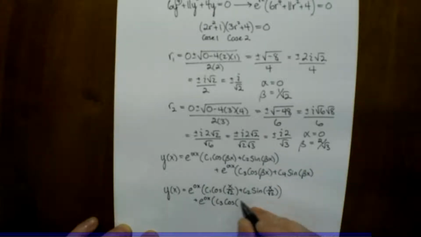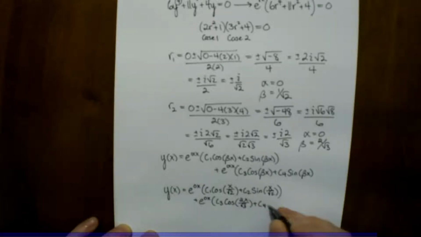So inside the cosine term we have 2x over root 3, plus c4 times the sine of 2x over root 3. And we can, of course, get rid of the exponentials out front with the real terms because they are exponentials with a 0 in the exponent.